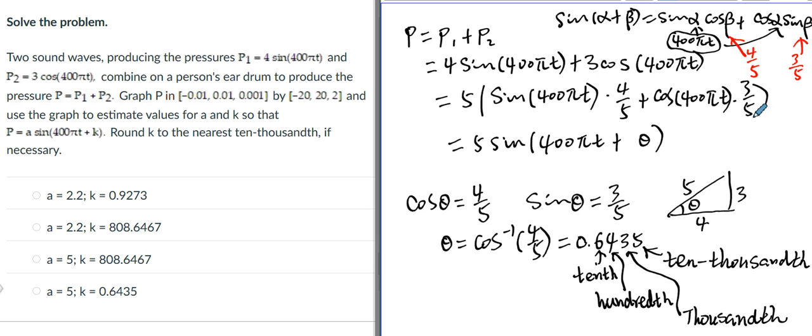So it looks like sine 400 pi t times 4 over 5, plus cosine 400 pi t times 3 over 5.